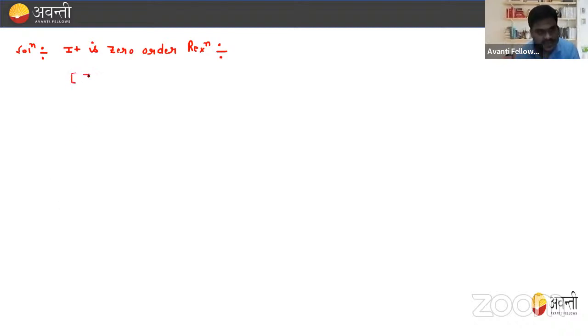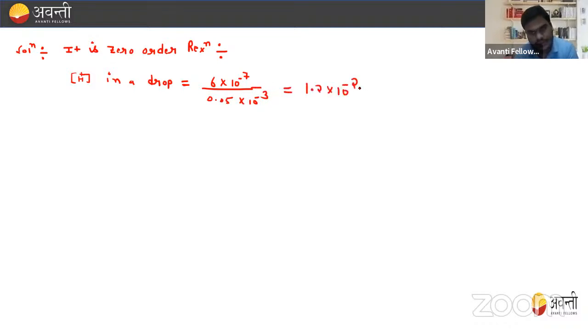Okay, so the concentration of H plus ion in a drop is equal to 6 into 10 to the power minus 7 divided by 0.05 into 10 to the power minus 3. So it comes out to be 1.2 into 10 to the power minus 2.